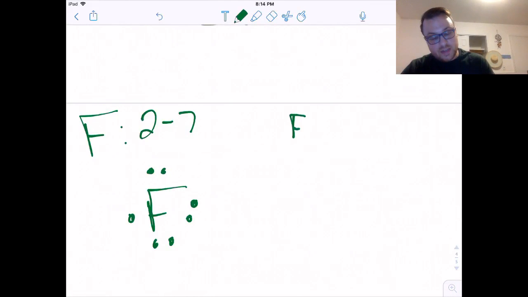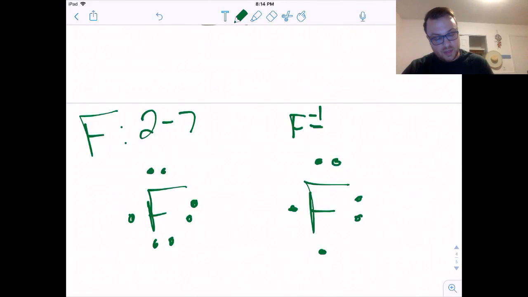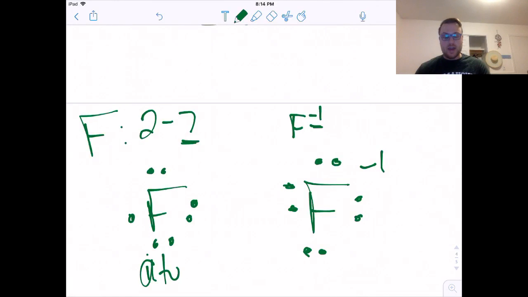Fluorine as an ion is charged -1 to show it gaining 1 electron. 1, 2, 3, 4, 5, 6, 7, gain 1, 8. Put its charge, -1. So we've got our atom and our ion. Atoms are not charged. Ions are charged.